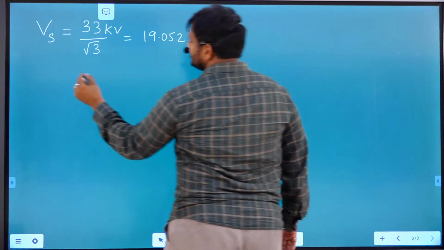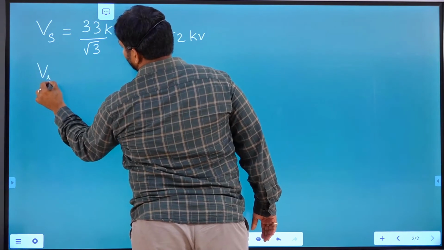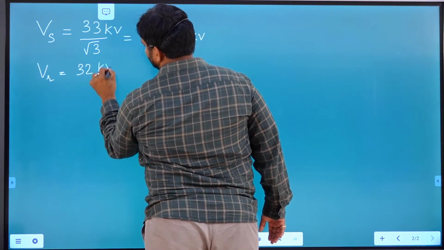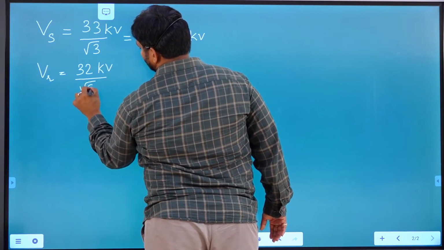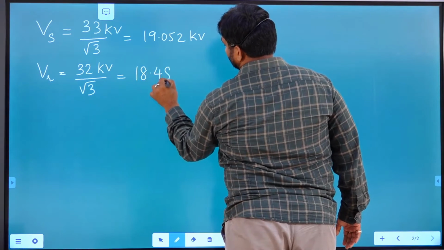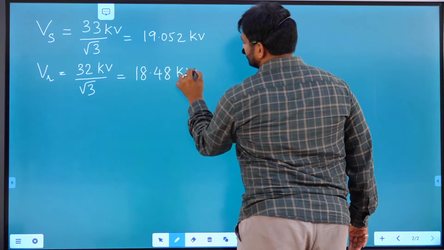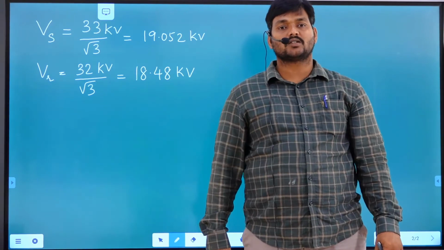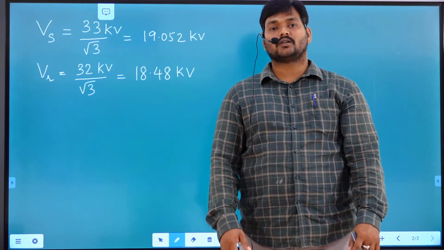The receiving end voltage is given as 32 kV upon root 3, which is 18.48 kilovolts.